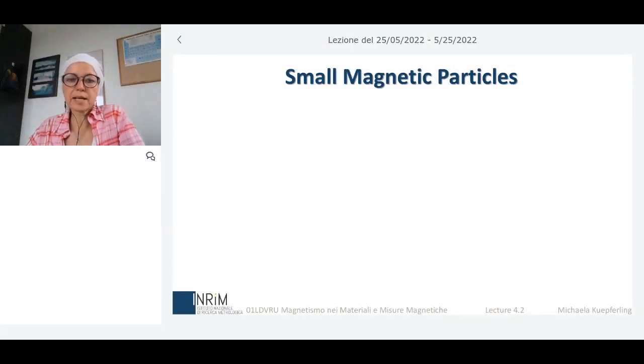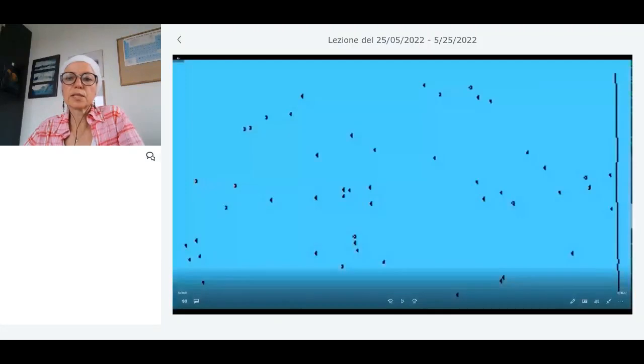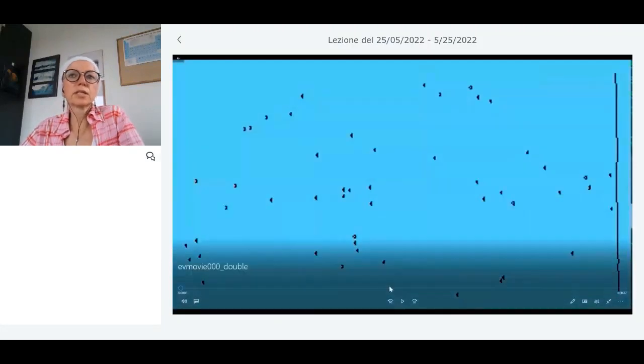Because I described it, but maybe it's nicer to imagine something with a very simple picture. And this is a simulation that was done by my colleague Gianfranco Dorin a long time ago. A very simple simulation. You can see here the domain wall that starts to move in this material with defects.